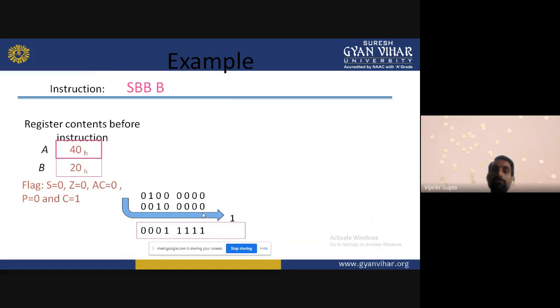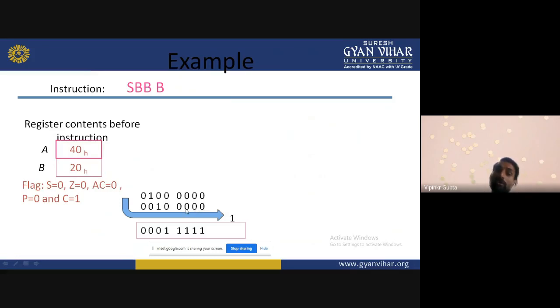How will you do it? We can see 0 minus 0, 0. 0 minus 1, then it takes 1 borrow from here. And 10 minus 1, so 1. We can get the 1 like that. Now this borrow is shifted to here.